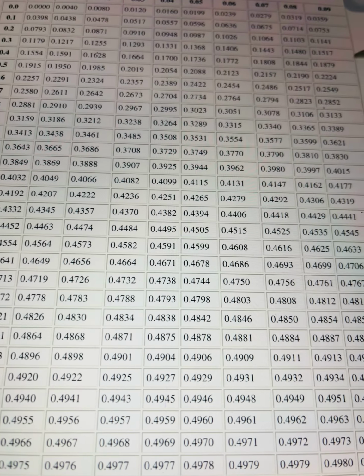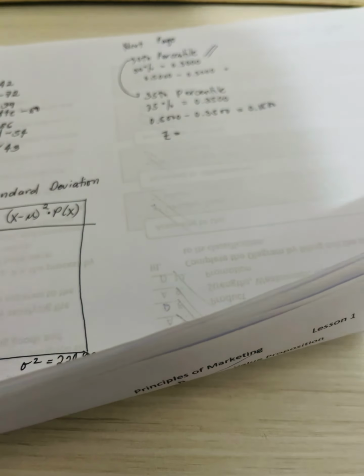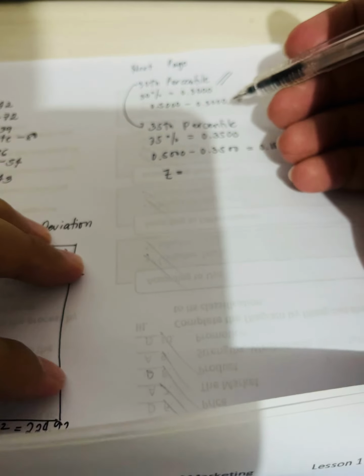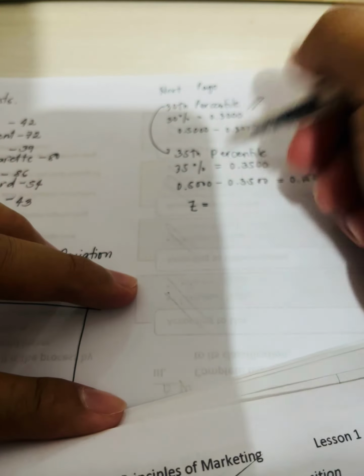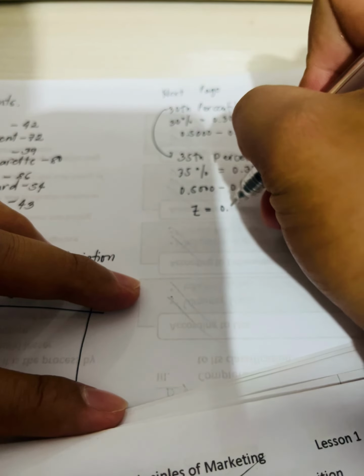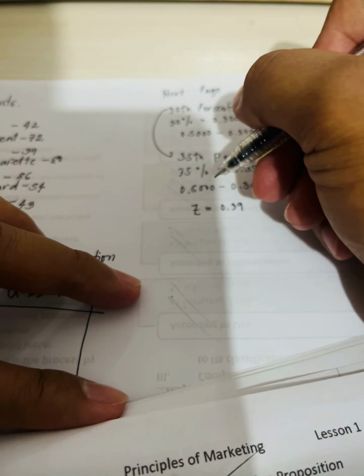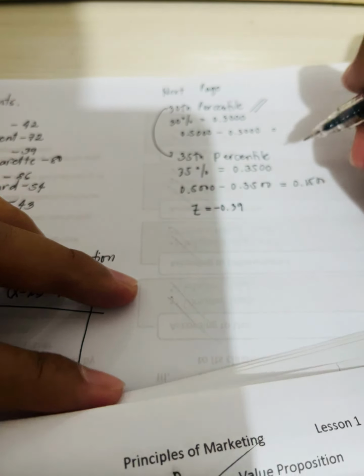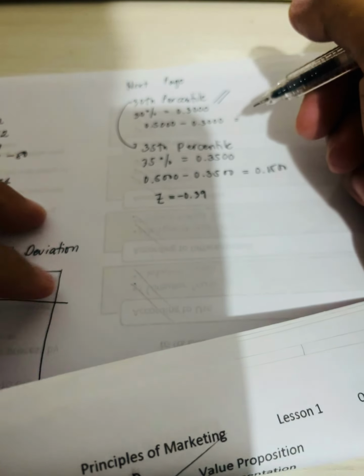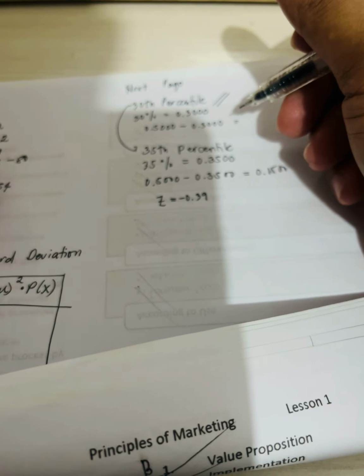Now the z value of 0.1500, or the 35th percentile, is 0.39. But since it is located on the left side of our mean, this will be negative 0.39.